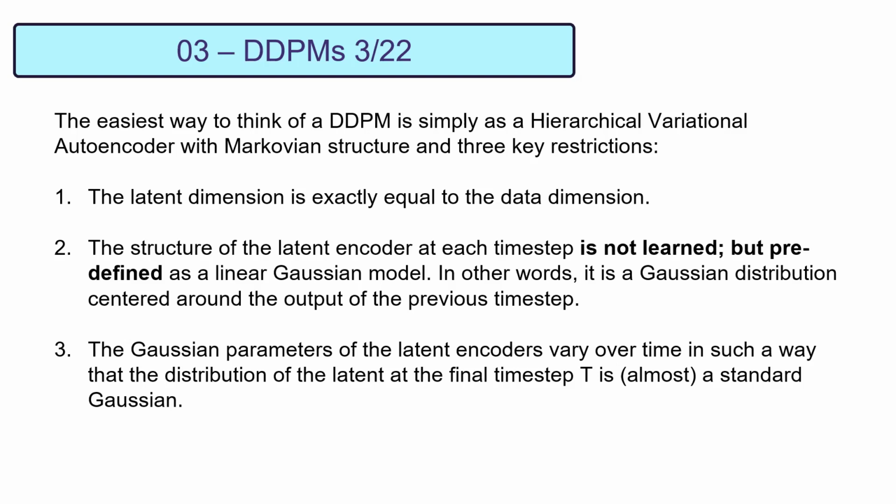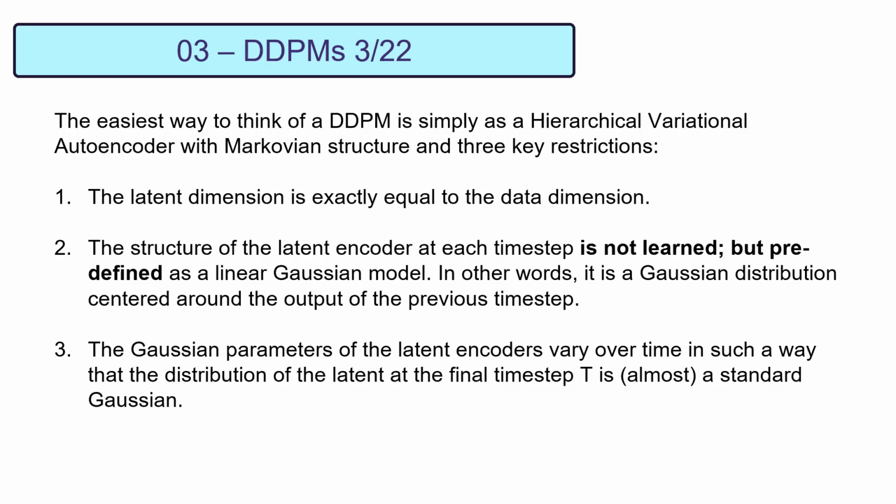Besides that, there are 3 restrictions we're looking at. The first one gives the reason why these models work so well for detail generation, and that's that the latent dimension is exactly equal to the data dimension. So what we're doing with diffusion models is we're learning a Z that is exactly the size of the input data.